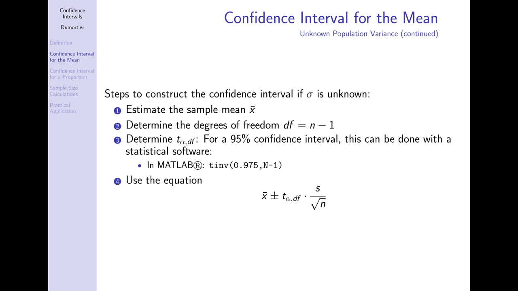Note that I'm using this 0.975 because it leaves 97.5% to the left of this value, and it leaves the 2.5% that we are looking for to the right of this value. Okay? And then whatever t-value you get here, you use x bar, the sample mean that you have calculated before, plus or minus, because the plus or minus is for the lower bound and for the upper bound, the t-value times the estimated sample standard deviation divided by the square root of n.